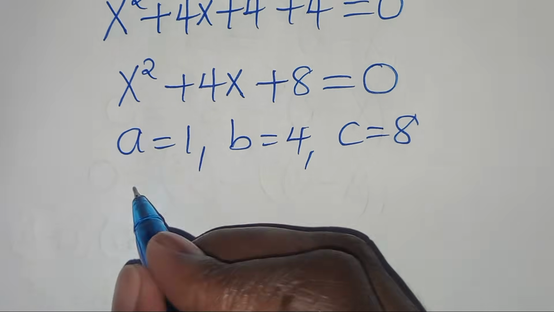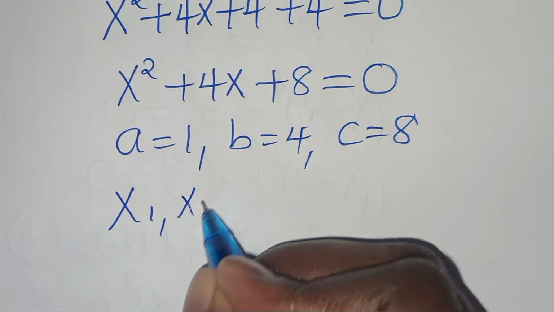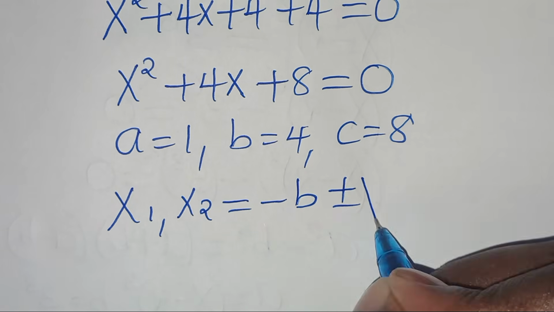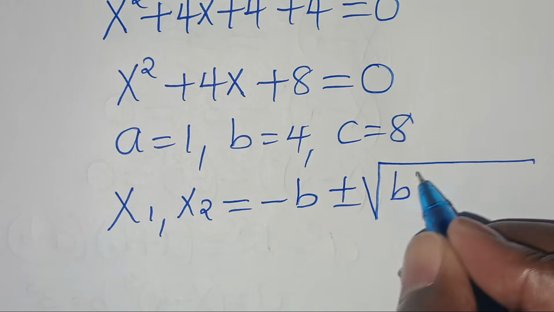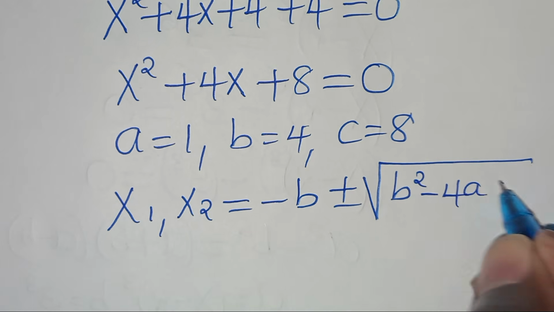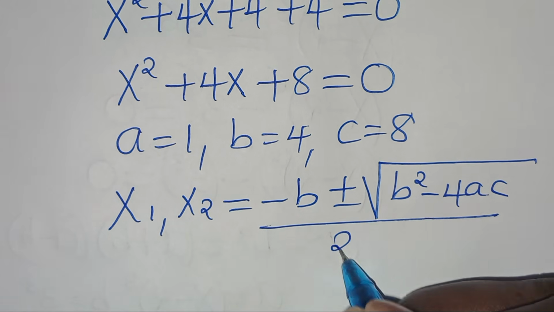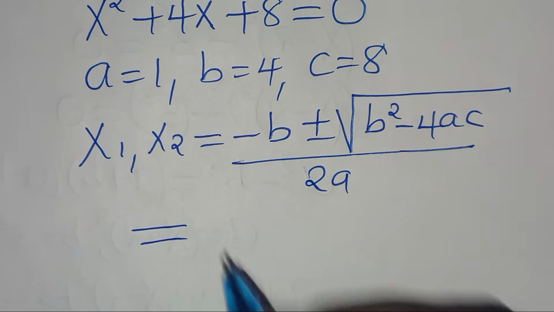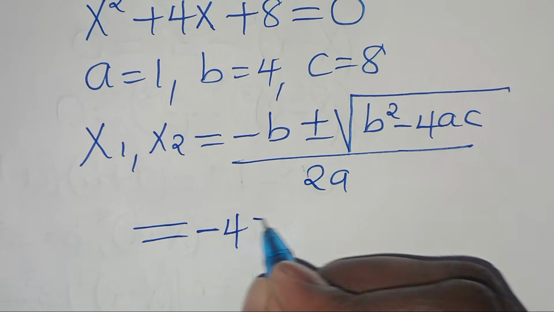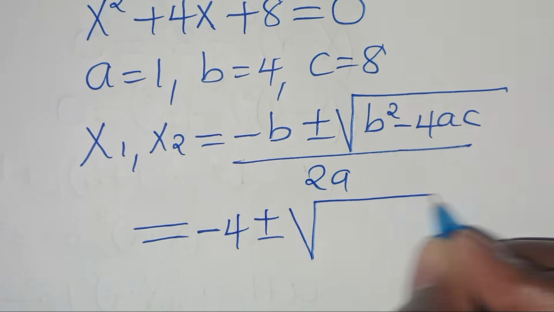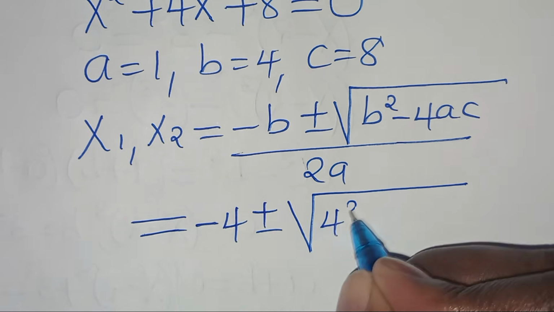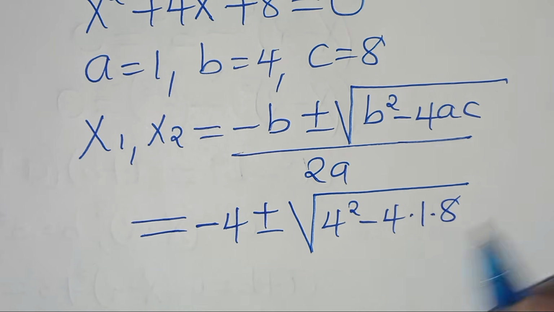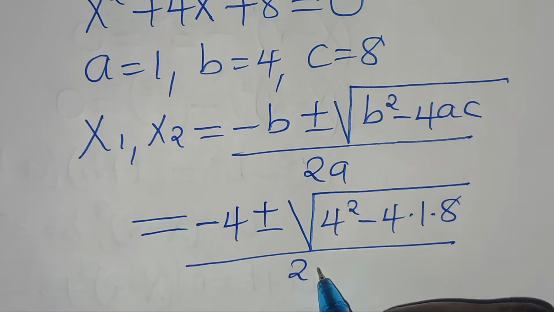So we can solve for x1, x2 by applying the quadratic formula, which is minus b plus or minus the square root of b squared minus 4ac, everything divided by 2a. Let's substitute the values of a, b, and c. So we have minus 4 plus or minus the square root of 4^2 minus 4 times 1 times 8, divided by 2 times 1.